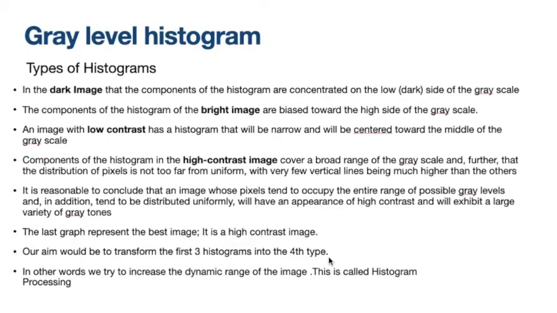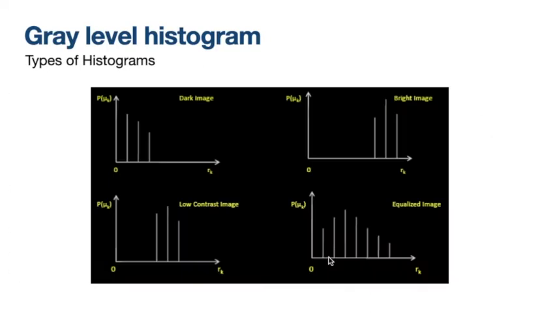The last graph represents the best image, and it is a high contrast image, and our aim always would be to transform the first three histograms into the fourth type. That means all these three types are concentrated to some area, right?